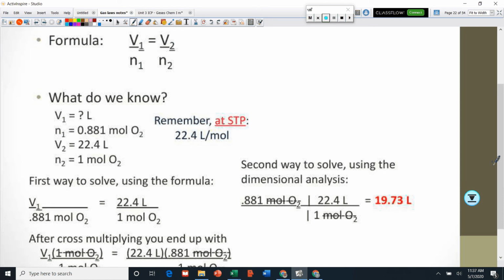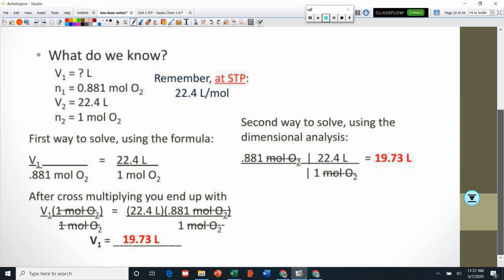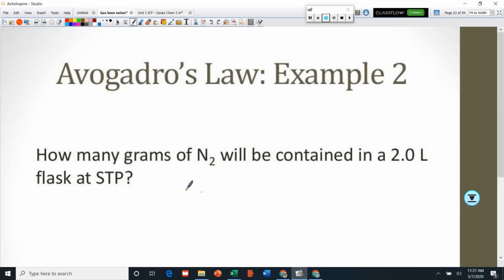So we set it up and we get 19.73 or 19.7 when we consider that we only had 3 sig figs. So setting it up and cross multiplying, we get 19.73. Now, if we use dimensional analysis like here, we have 0.881 times 22.4 gives us 19.73. Again, whichever method is easier for you, you can use.